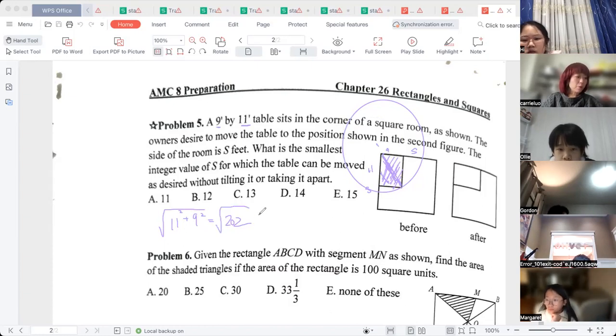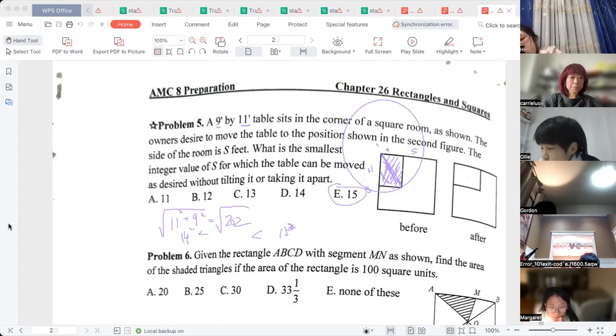So we actually need that much space to move this table to this position without tilting it or taking it apart. So you have to see that the square root of 202 is bigger than 14 and smaller than 15. So that's why 15 is the smallest integer to make this happen. So the answer is E.